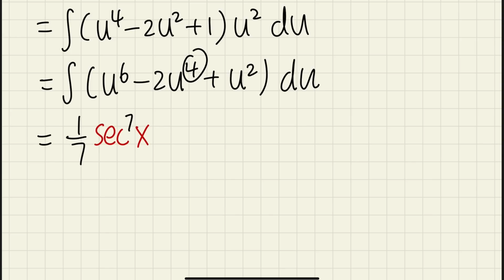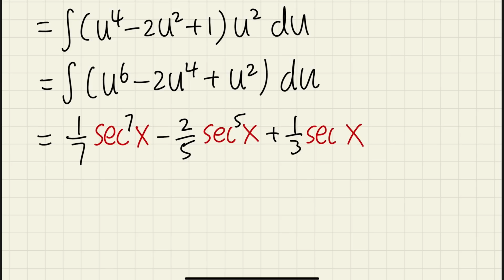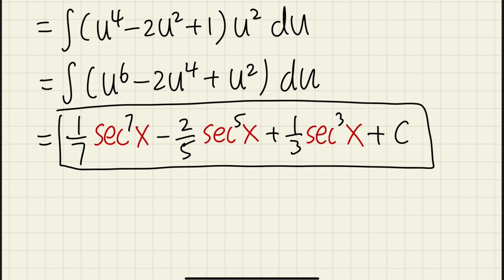Next though, add 1 to the power is 5, divided by that, so we have minus 2 over 5. U is secant, and then here we have the 5th power, and lastly 1/3, and then secant, and then to the 3rd power. And then we're all done, so I'll put a plus c at the very end. This is it.